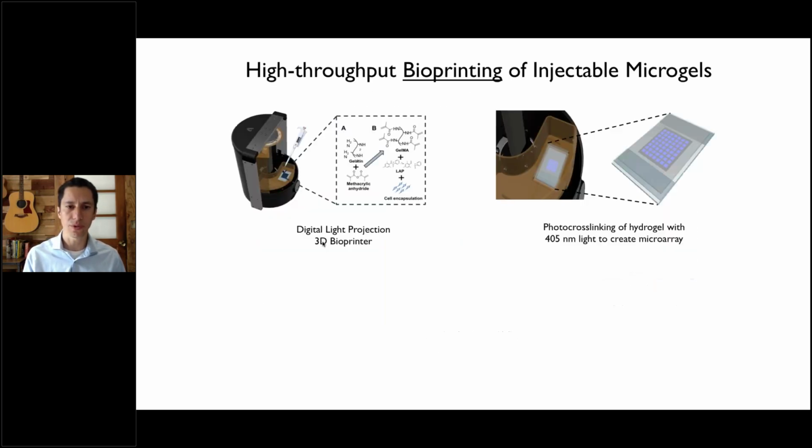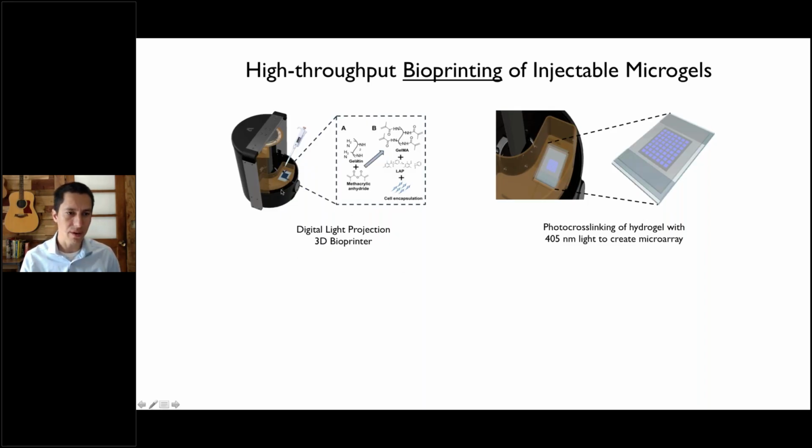So I'll give you some examples of how we use the same technologies, the exact same printers, in fact, that you've seen previously, but now for doing high throughput bioprinting of cell-loaded injectable microgels. In this example, we use the same printer that we used for the composite printing that you saw at the beginning of the presentation.